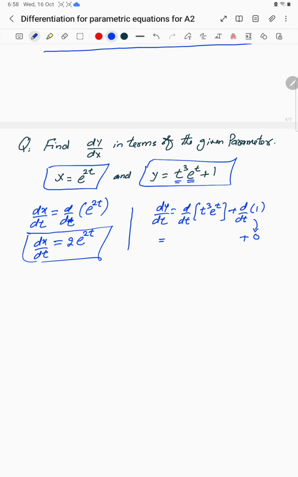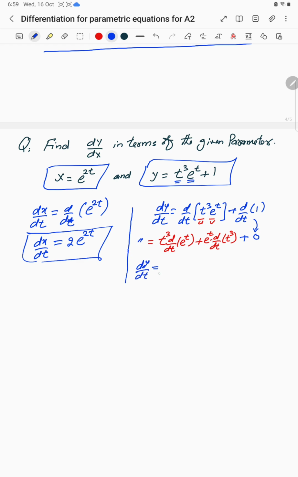So here you need to apply the product rule, that is two functions are going to multiply, u times v, you are well aware about it. I'm going to write for you here directly: t cube, and differentiate e power t with respect to t, plus e power t, now differentiate t cube.